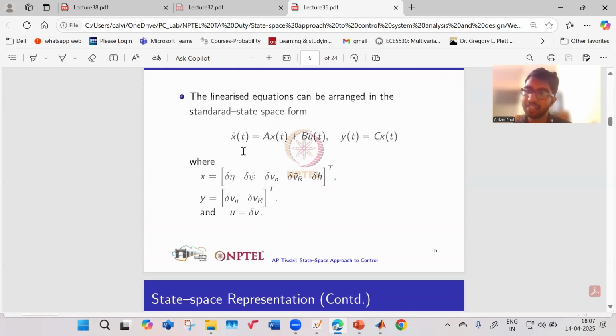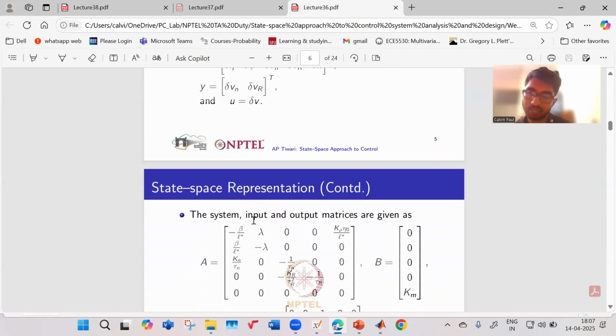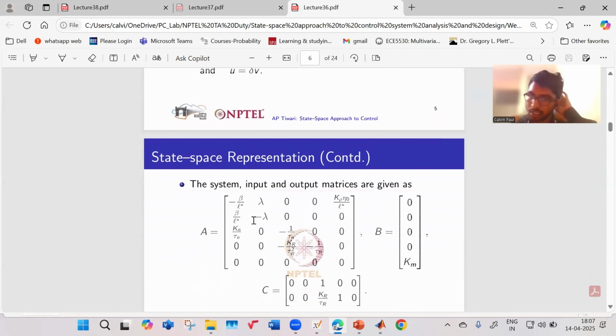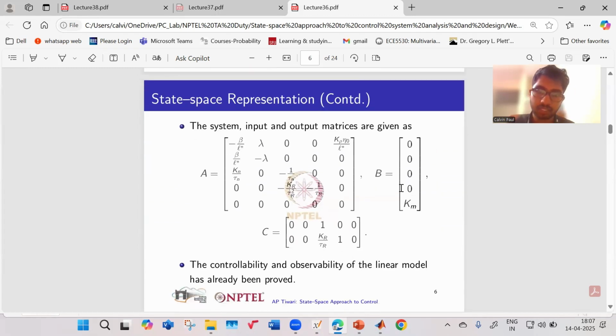So you can see this is a linear time invariant system, where these are the states and these are the outputs, and the input is the delta change in the input. These are the system, input and output matrices, and the A, B, C matrices are provided like this.